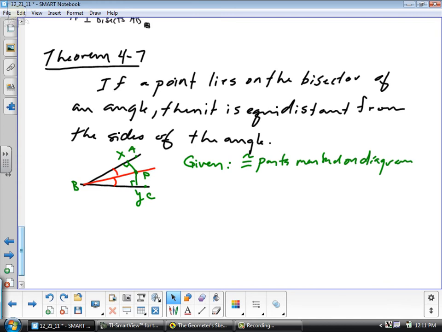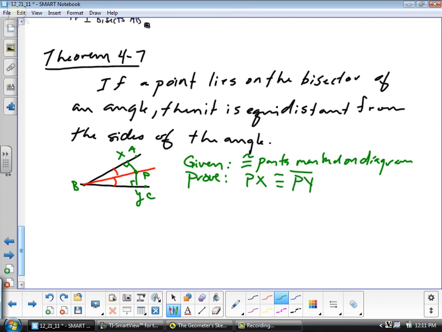Okay. What we want to prove is that PX is congruent to PY. The triangles are congruent by angle, angle, side. Can you see the shared side?